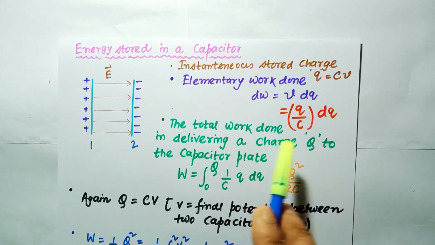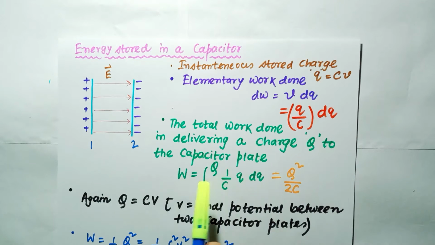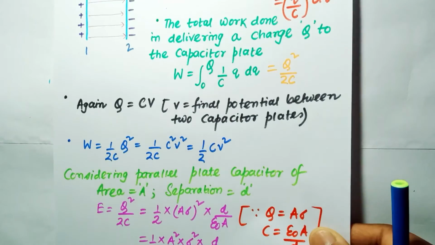So what is the total work done in delivering a charge of capital Q to the capacitor plate? W, I need to integrate the charge from 0 to the final value capital Q of 1 by C q dq. So it comes out as Q square by 2C. Now what is capital Q?